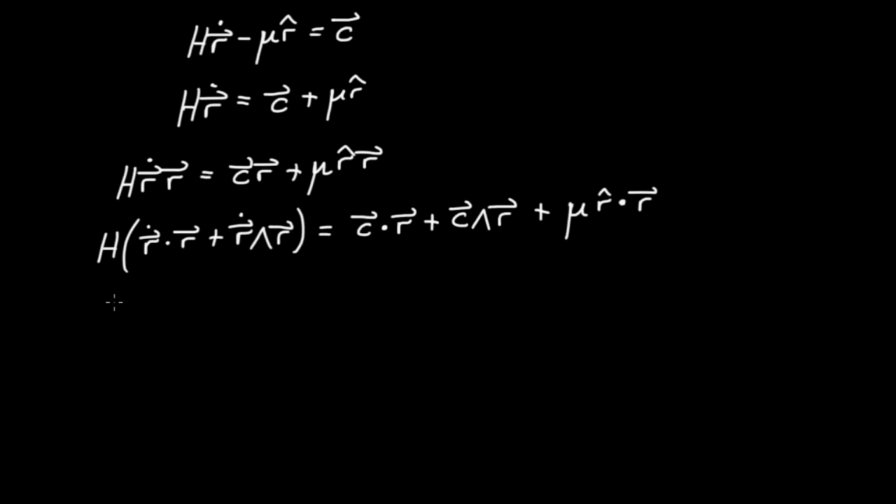Let me now distribute the stuff on the left-hand side. So I have r dot dotted with r, that's a scalar, times h. Notice that this quantity is a bivector quantity. It's just a scalar times a bivector. Here I have the wedge product between the velocity and the displacement. Now hopefully that sounds familiar.